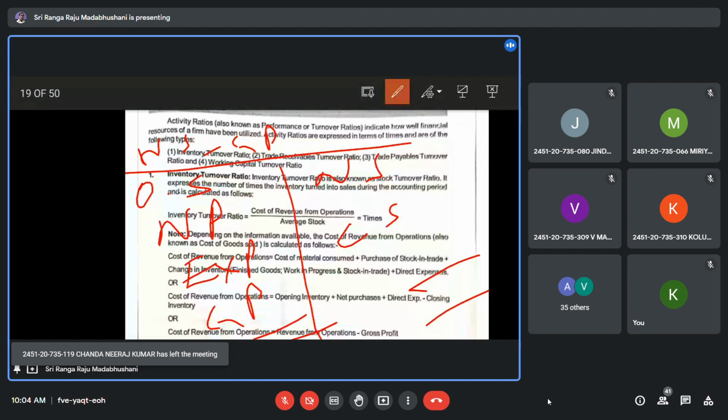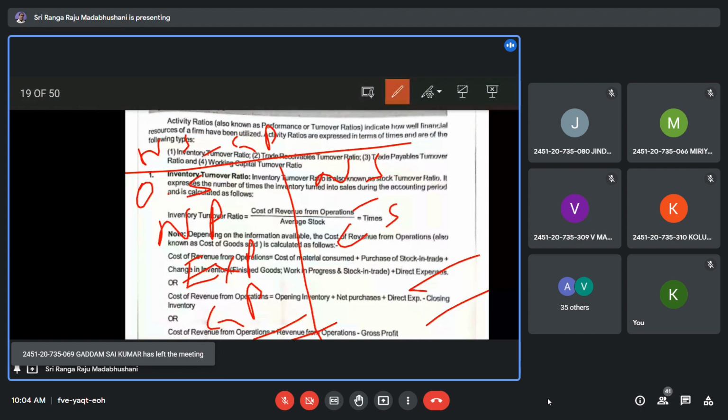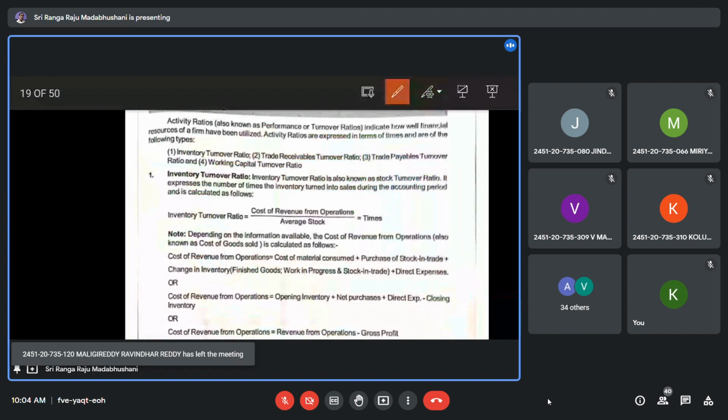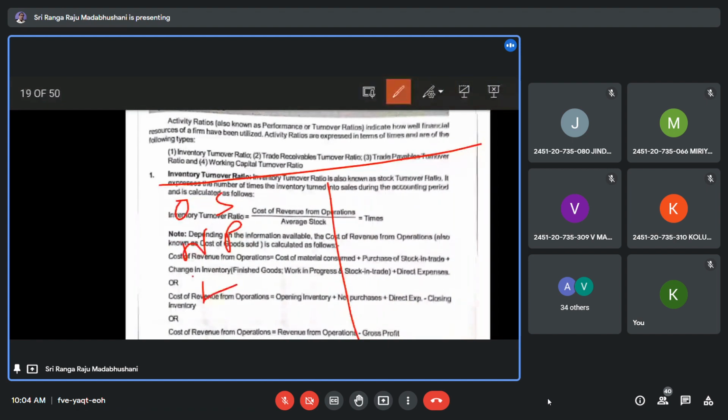In the numerator, we show cost of revenue from operations. What is it? The actual cost incurred on the goods or services we provided or sold during that period. So how do we find it? Net sales minus gross profit. Opening stock, net purchases means purchases minus purchases return, and the operating expenses to be shown in the trading account.